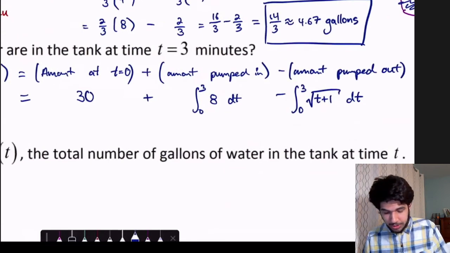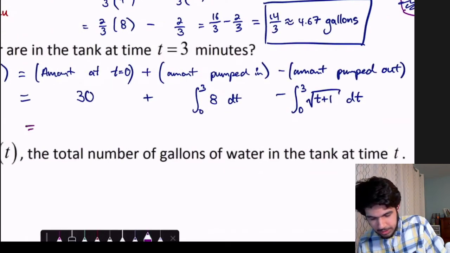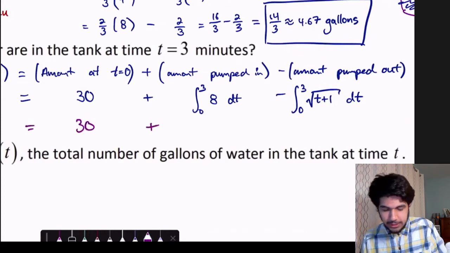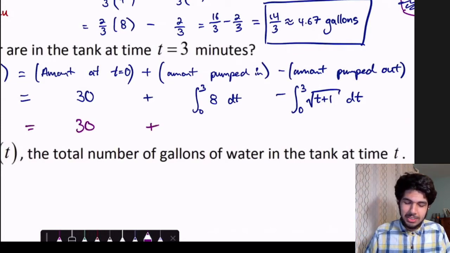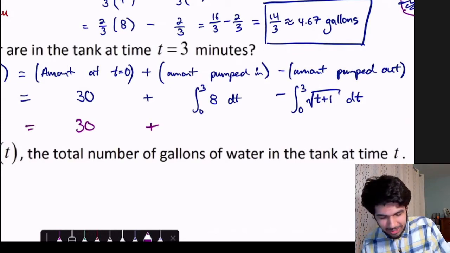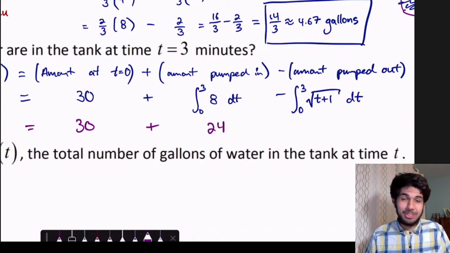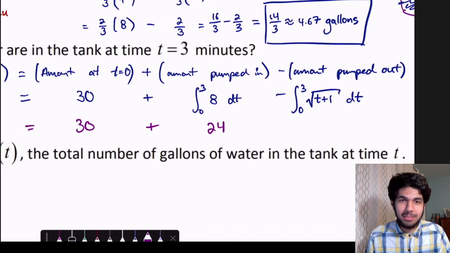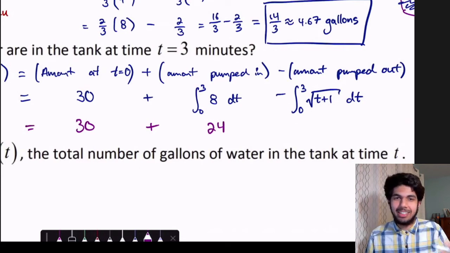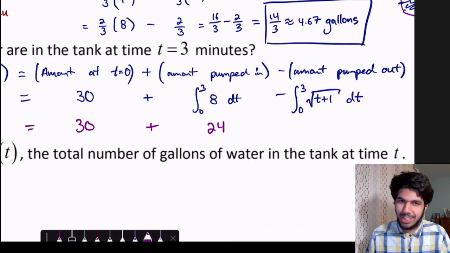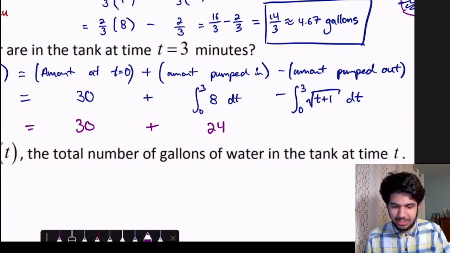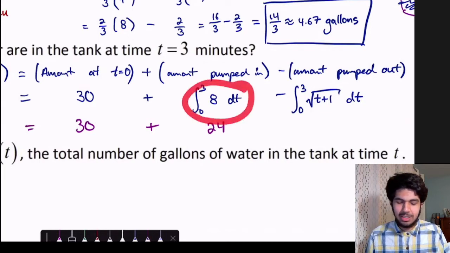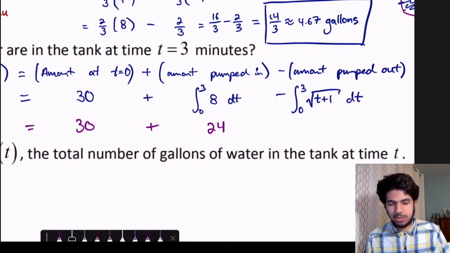And this we can solve pretty easily, actually. So this will be equal to 30 plus integral from 0 to 3 of 8 is going to be 24. If you don't trust me, you can try solving it on your own. But another way of confirming why it is 24 is because if 8 gallons are being added per minute and there's 3 minutes, 8 times 3 is 24 total gallons. But this is just a more complex way of expressing it, just making the relationship with an integral.